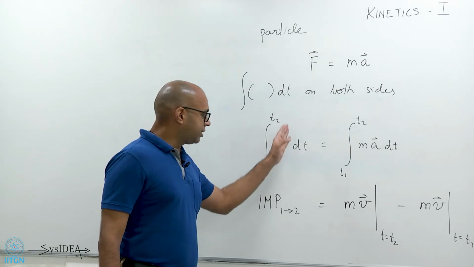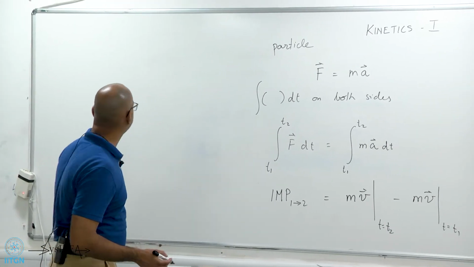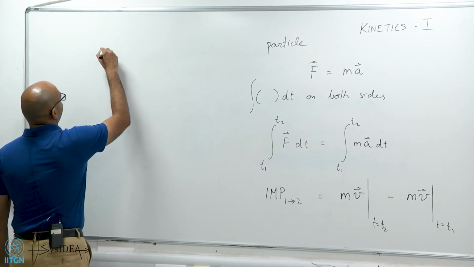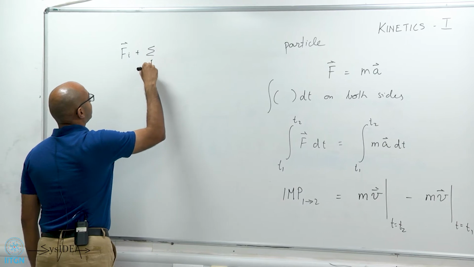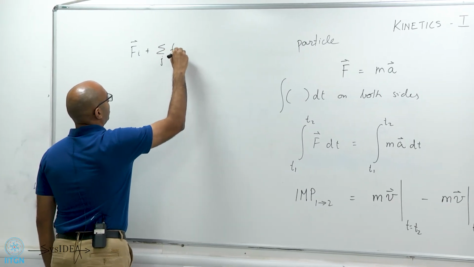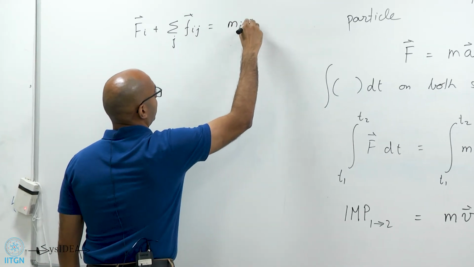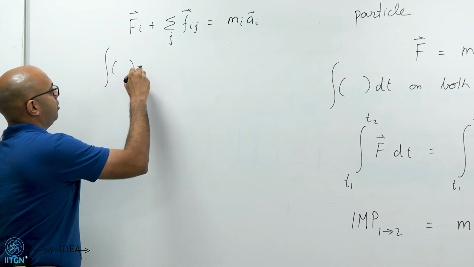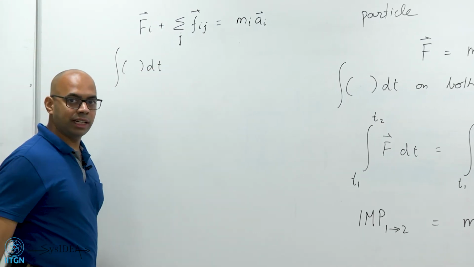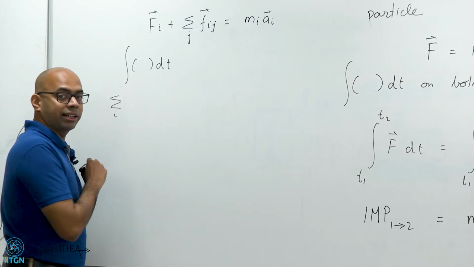Now, I can take the same approach again to our system of particles. So I can go back and write Fi plus the sum over j of Fij is equal to mi ai. Again, I integrate dt on both sides, and then I sum over i particles.